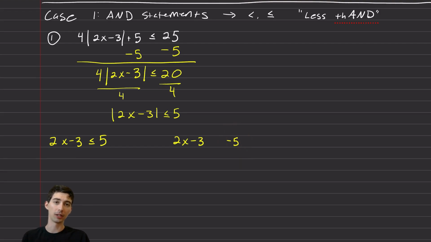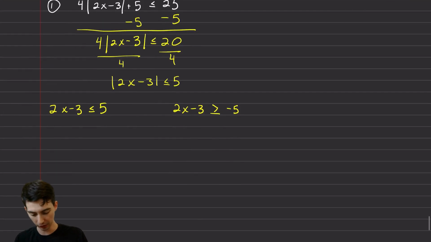And if you remember from our last lesson, anytime we multiply or divide by a negative number, we have to flip that inequality. So it's going to be 2x minus 3 is going to be greater than or equal to negative 5.